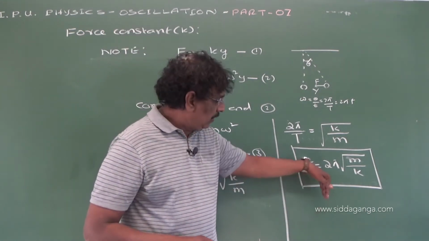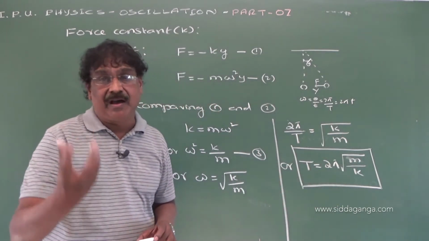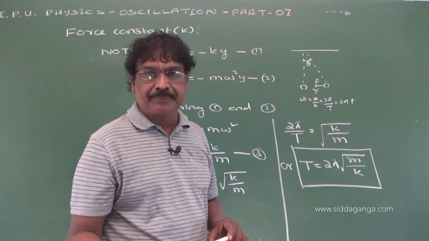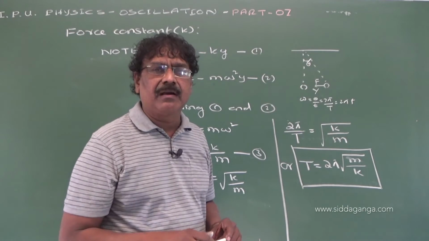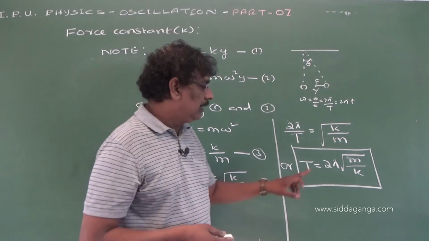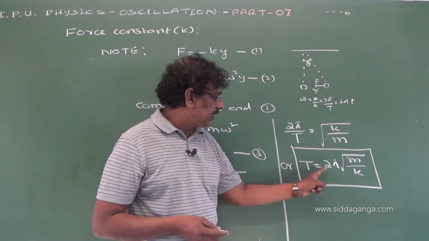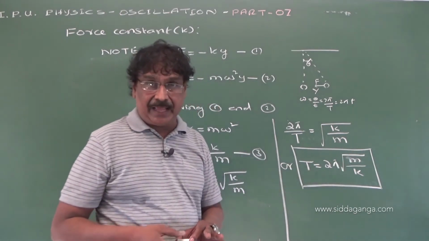Using this equation, we can derive the time period for a loaded spring, as well as an expression for the time period of a simple pendulum. Remember this equation, T is equal to 2 pi into square root of m by k.